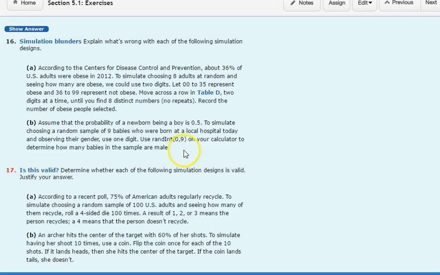Now, this is not a correct assignment of numbers because we should have an equal amount of numbers representing male and female. Since there's a 50-50 chance of male and female, what would make sense is to let 0 represent having the newborn being a male, and 1 represent female, and then generate 9 numbers. So you would write randInt 0, 1, 9 to do that.